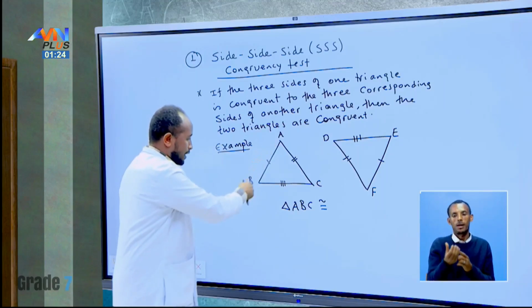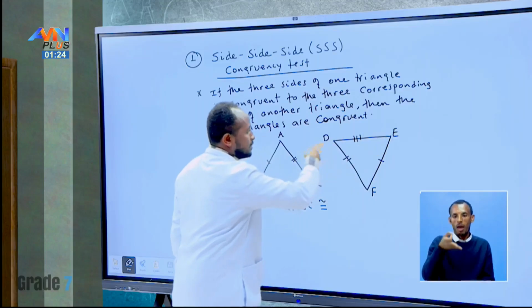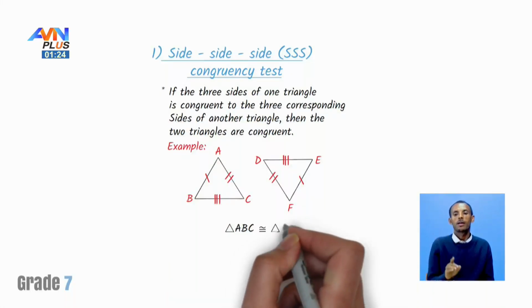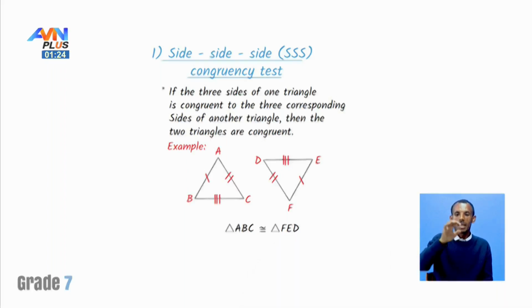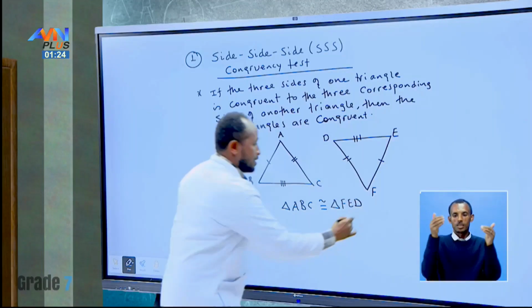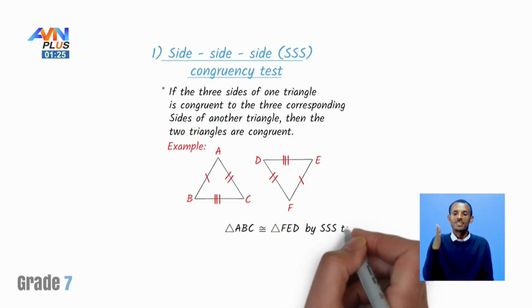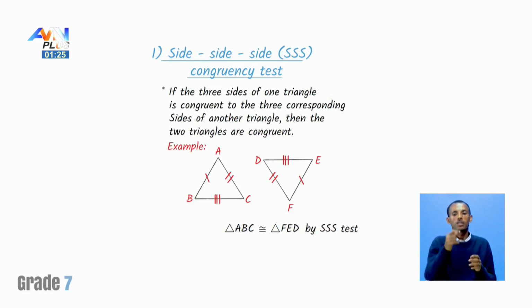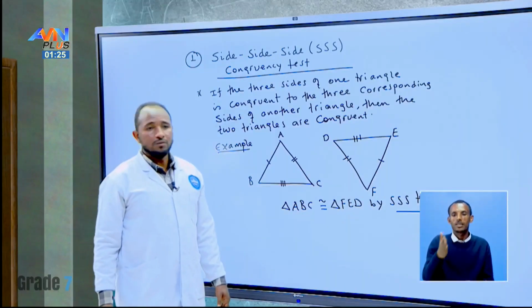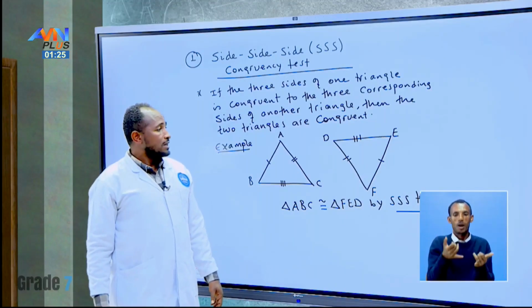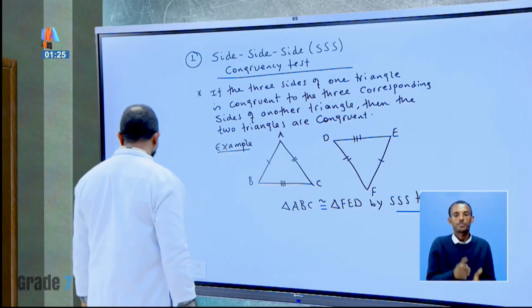So 1, 3, just 1, 3. You move from F, E, D. Therefore, it's congruent to triangle FED. This will be the congruency order by which, using the side test, the two triangles are congruent. This is the meaning of the side congruency test. Now let's see one more example for this one. Example.